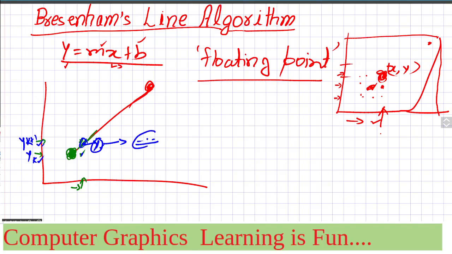You just rounded it off. If it is more than 0.5, it will go up. If it is less than 0.5, it will come down. Okay, no problem, that is what you did in DDA. Here we don't want to find the actual value of y. We don't want to go for floating point operations. So how will we do that? We will wait a minute.